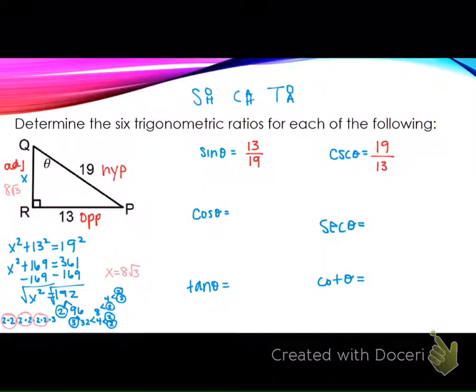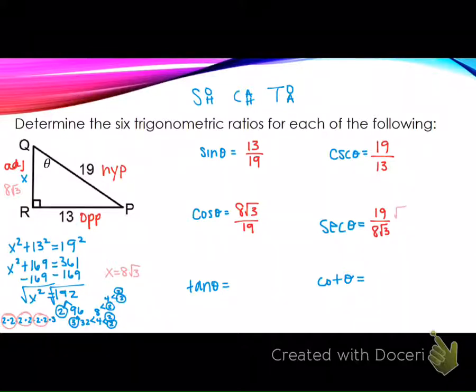Paige, what is the cosine of theta? 8 over 19. And that can't be simplified because 8 and 19 don't have anything in common. So what is the secant of that, Jordan? 19 over 8 root 3. Which means we're going to have to rationalize. So, what do I have to multiply numerator and denominator by? Root 3.